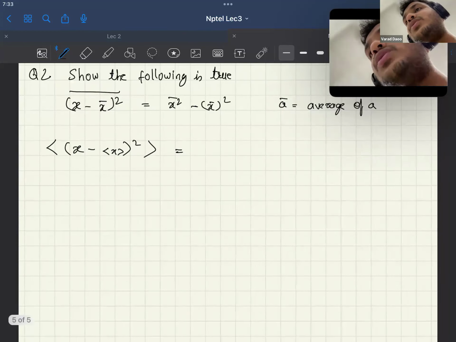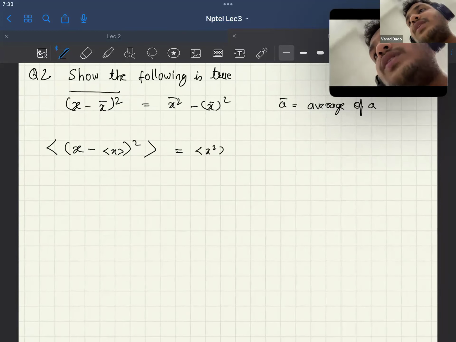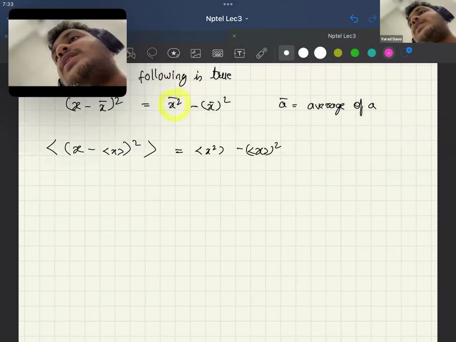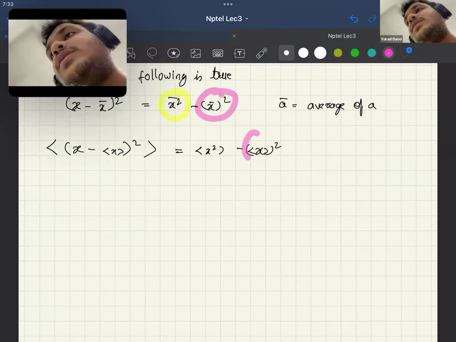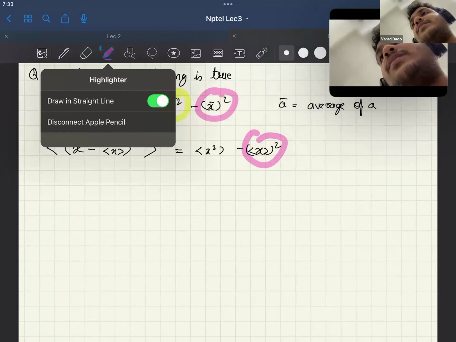This should be equal to the average of x square minus the average of x, squared. Note that these two things are completely different quantities. They are not the same.